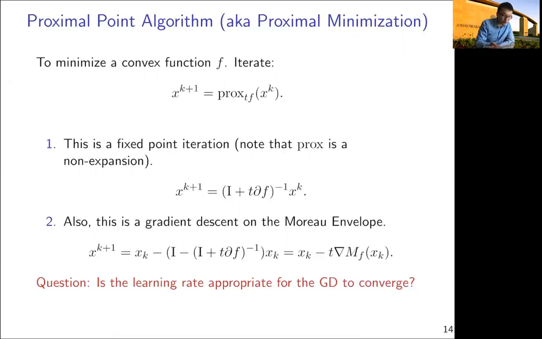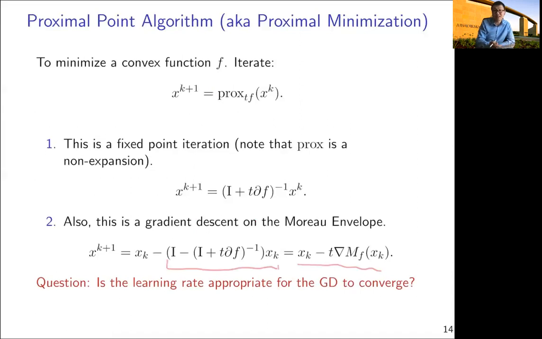If you move things around a little bit by adding xk and subtracting it from the operator, then you recover something that looks like this. That gives you the generalized gradient point of view, and also by the gradient of the Moreau envelope theorem, it says that you are essentially doing standard gradient descent on the smooth objective function.